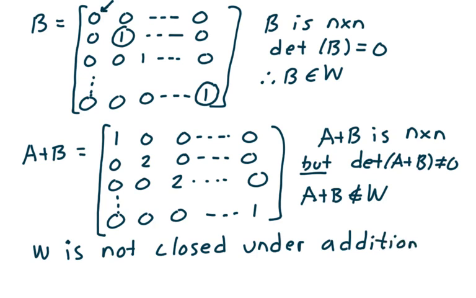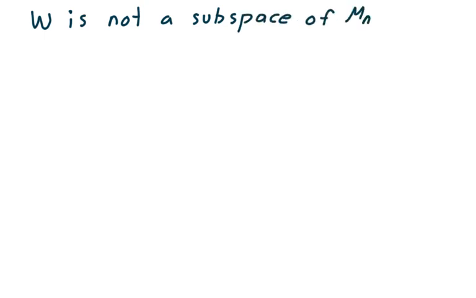When we take two matrices in W and add them, the determinant is not preserved. We're not going to get 0 back always. And so therefore, W is not a subspace of the set of all n by n matrices.